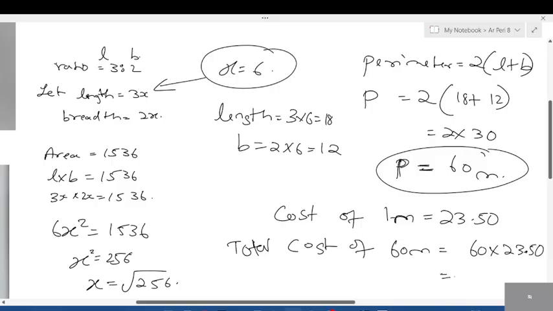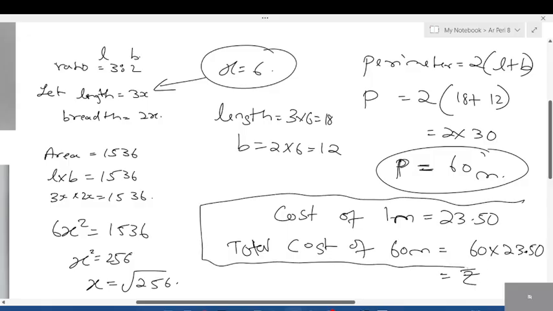That will give you the rupees value. Make a note of this statement whenever they ask for cost value: cost of 1 meter is 23.5. Therefore, total cost of 60 meters, just multiply the perimeter you get by that rupees.